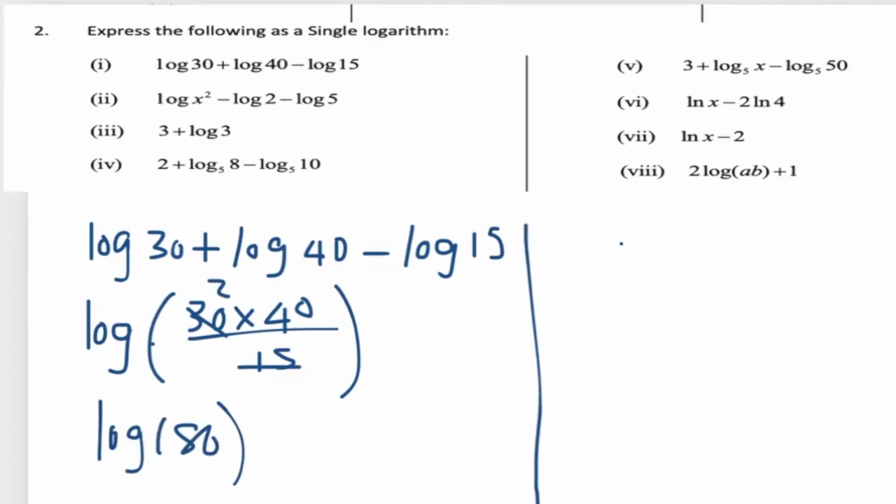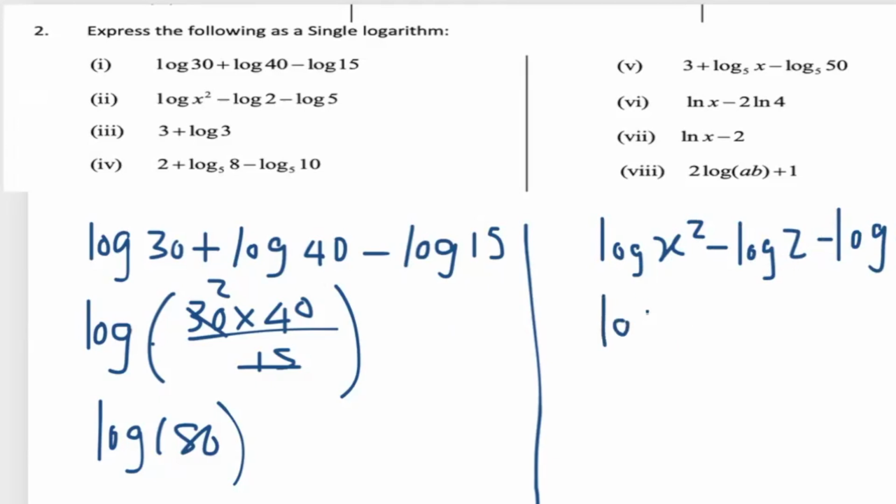Now the next one we have is log x squared minus log 2 minus log 5. Because of two subtractions, when I write the log once, the x squared would go in the numerator.